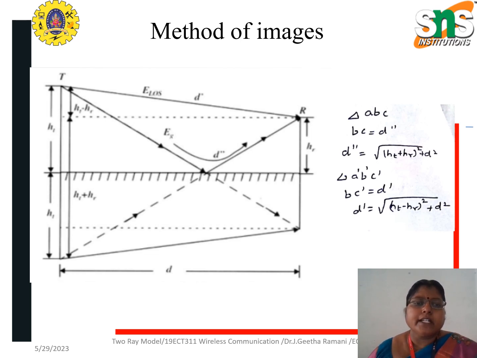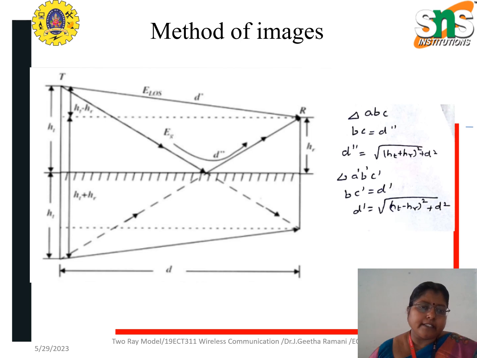Okay. So already we have extended this dashed line, isn't it? And we calculated the distance as HT minus HR. So in the method of images, whatever we have at the ground plane will be reflected in the same way beneath your ground plane, that is below the ground plane also.